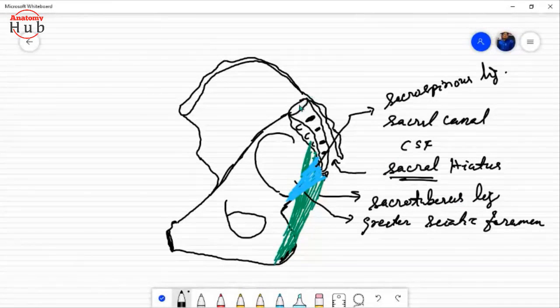So when the shearing force comes, there is the chance of the sacrum shifting towards the anterior side, so that the lower part of the sacrum may go backward. To prevent that, the sacrospinous ligament is important. It holds the sacrum in its proper position.